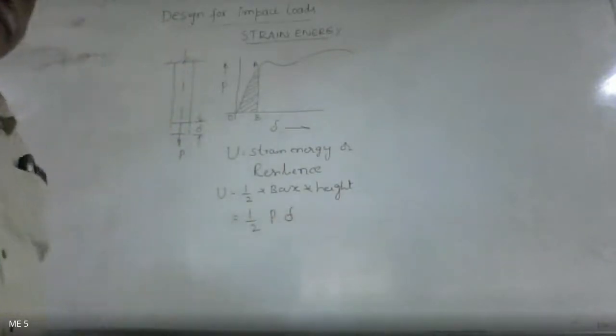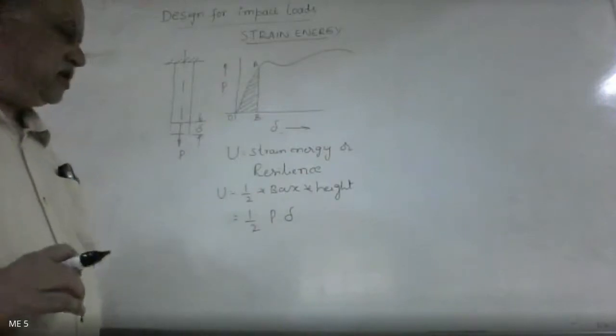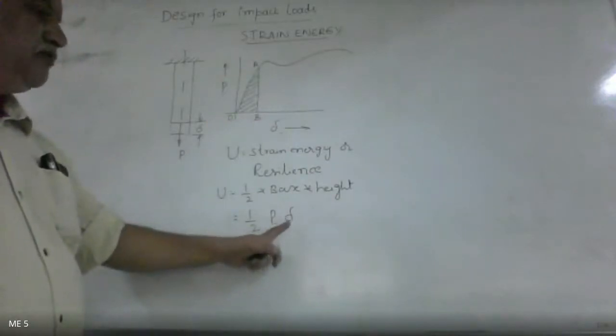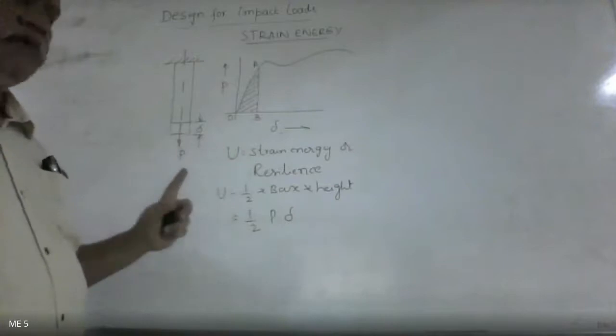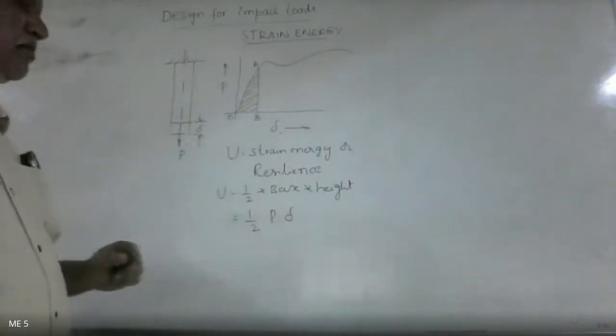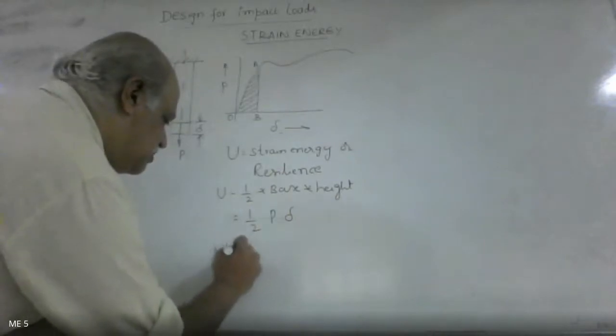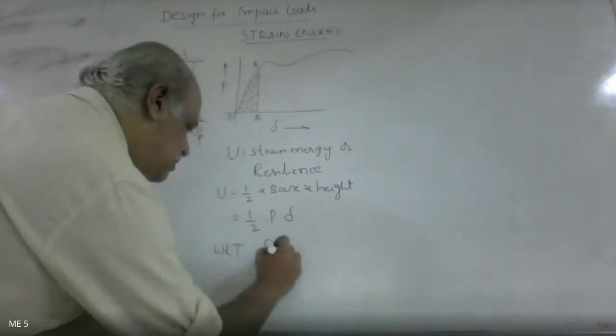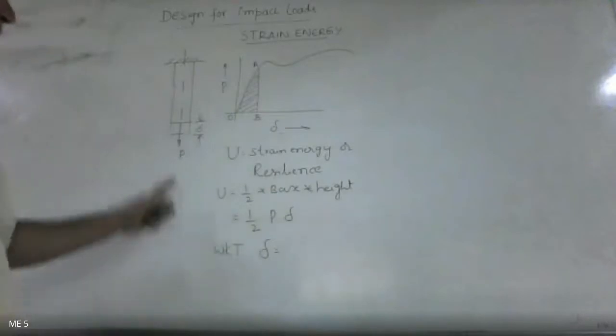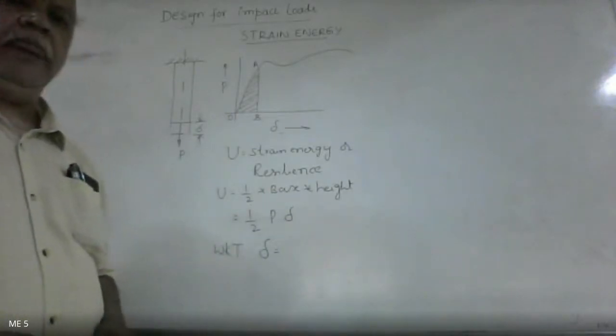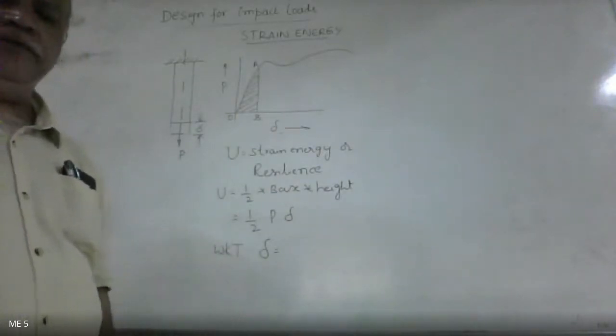From mechanics of materials knowledge, we know the deformation for an axially loaded member is given by what? Delta for an axially loaded member is given by? Can anyone tell me?